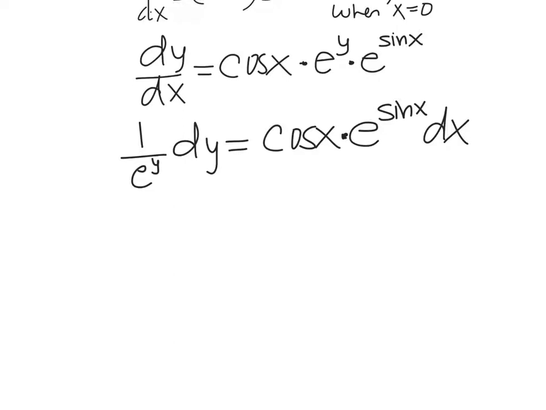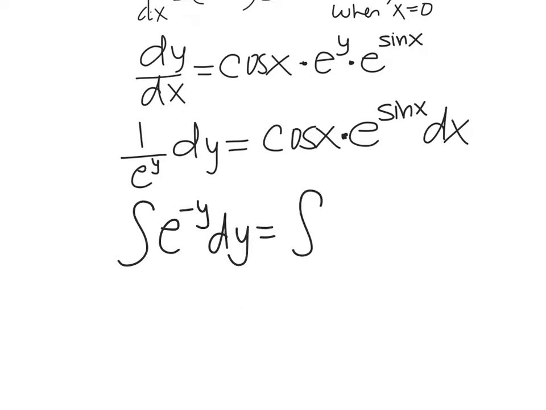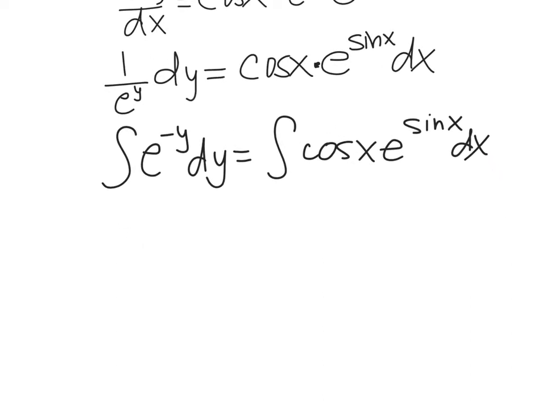Okay, so here we go. We're going to integrate both sides, and I'm going to rewrite this as e to the negative y dy equals the integral of cosine x e to the sine x dx. Now, this side's not so bad, right?